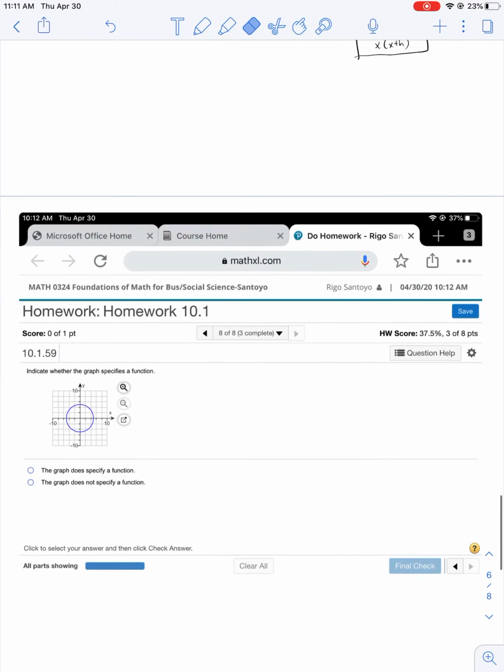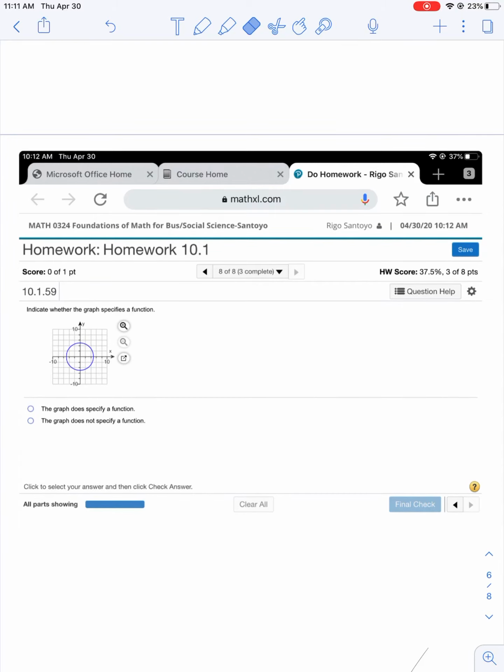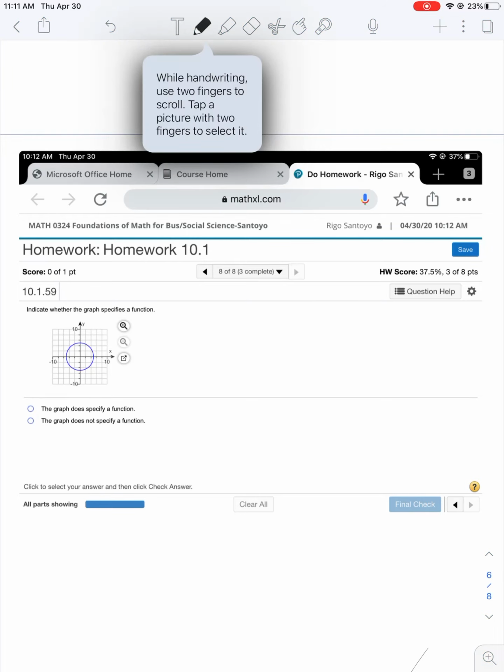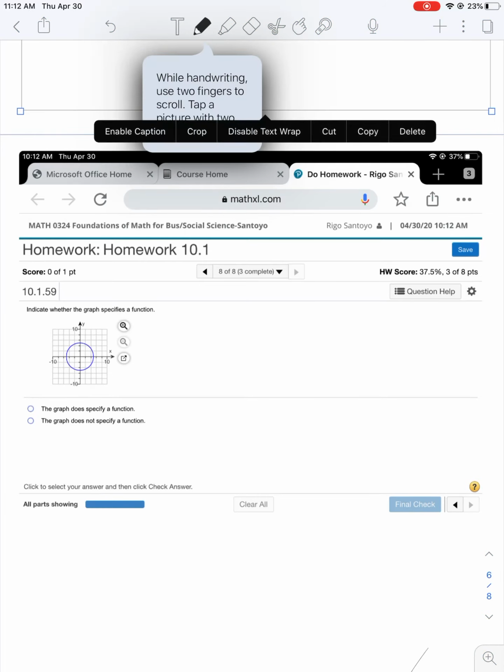Okay, and these last two problems, really nice examples here. All we're doing is looking at a graph and identifying if it's a function. We can do this by the use of our vertical line test. All we have to do is draw some vertical lines.